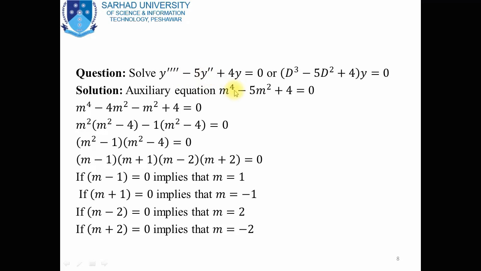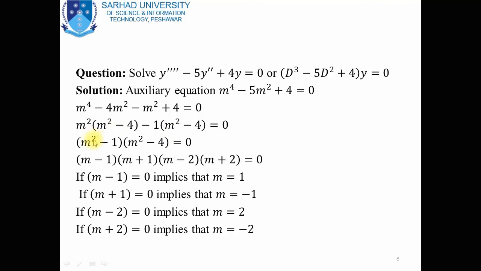So to find the roots of this auxiliary equation, we can factorize by sum and product in the form m power 4 minus 4m square minus m square plus 4 is equal to 0. Now taking m square from these two terms, m square into (m square minus 4), and taking common minus 1 from these two terms, minus 1 into (m square minus 4) is equal to 0.